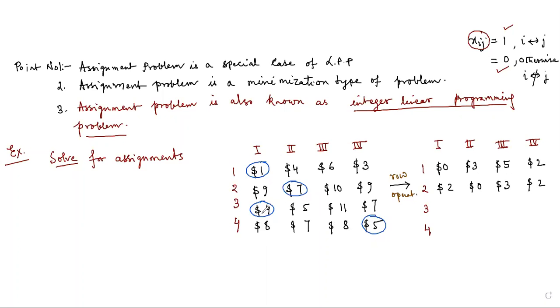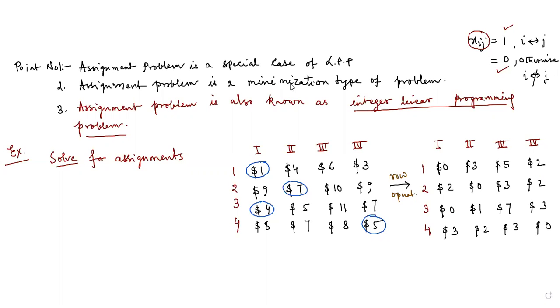Next comes the third row. So we have got our first matrix after putting the row operations.